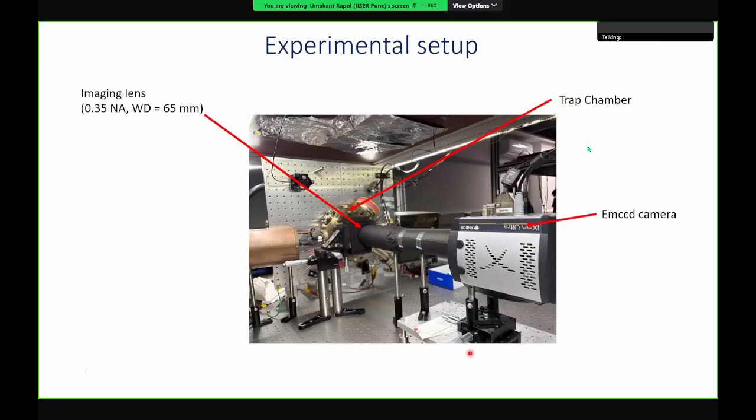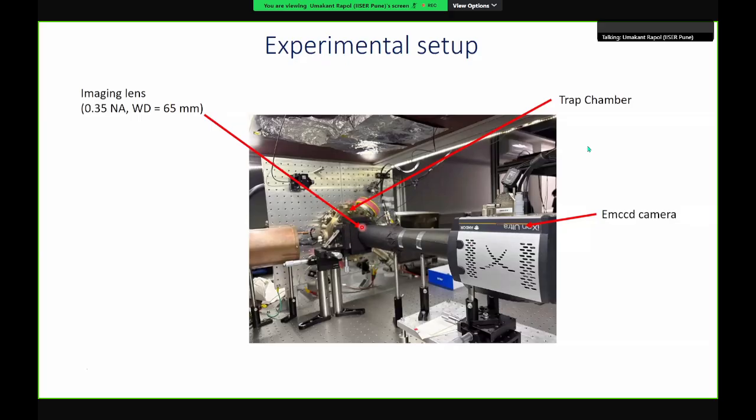Typically, the experimental setup with minimal optics looks like this. You have a vacuum chamber, you have the trap inside, then you have a radio frequency applied to the linear electrodes, and a DC voltage applied to the end caps. And then there are some additional electrodes for compensating and reducing the micro motion.